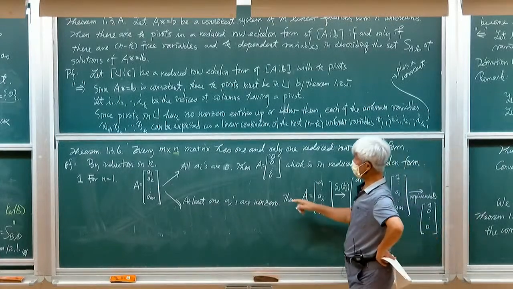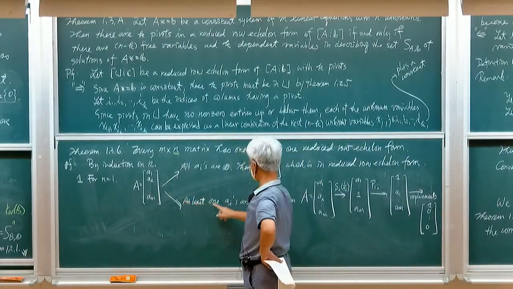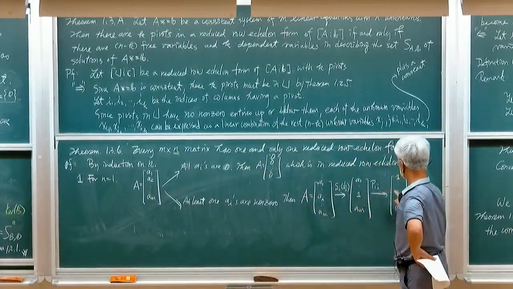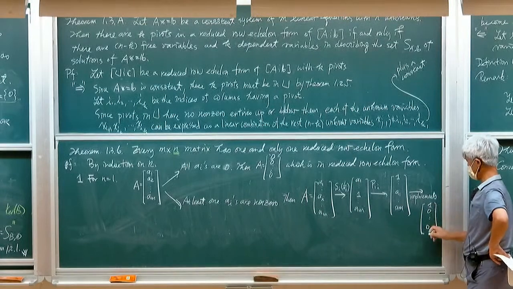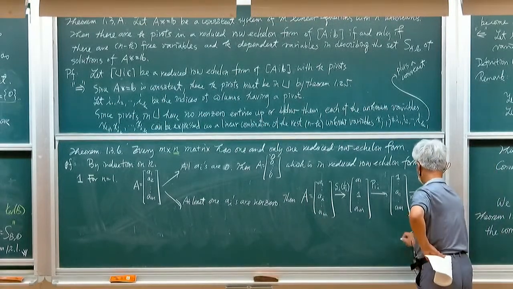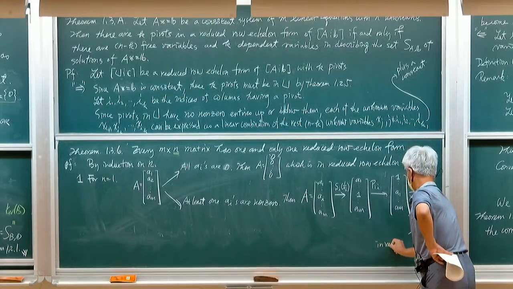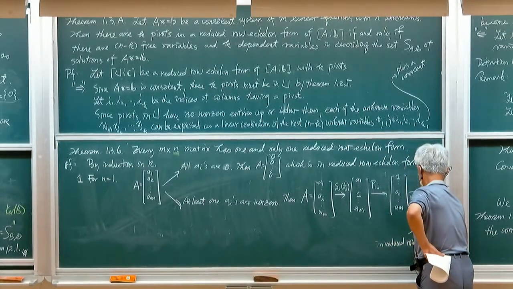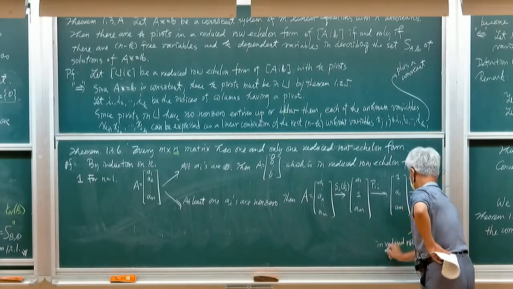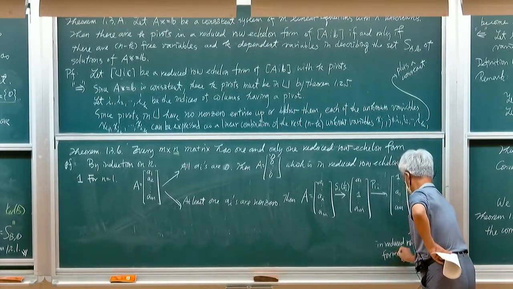And if at least one component is non-zero, say a_i, then we end up with this vector, which is in reduced row echelon form.